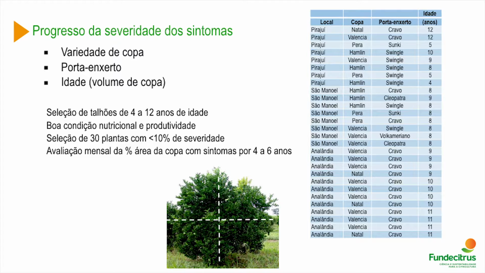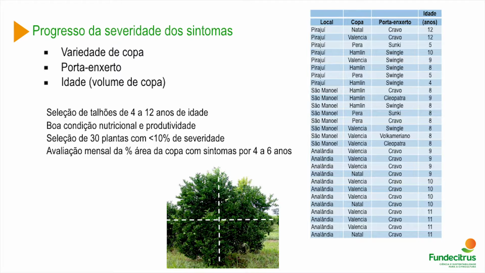Well, to study that, we carried out this work for 5 years with different canopy varieties: Hamlin, Pera, Valencia, Natal, mainly. Different rootstocks, Rangpur lime, Swingle, Volkamer, and Cleopatra, and with different age groups varying from 4 to 12 years of age in different plots.